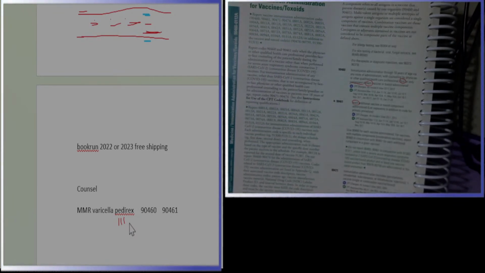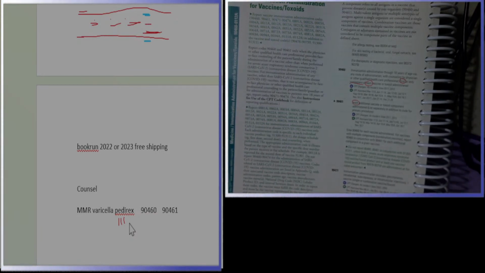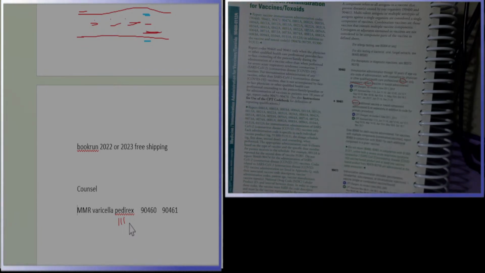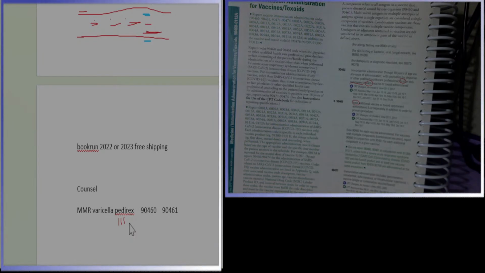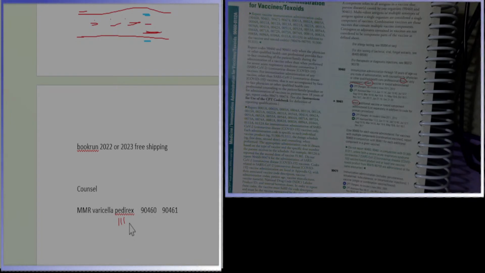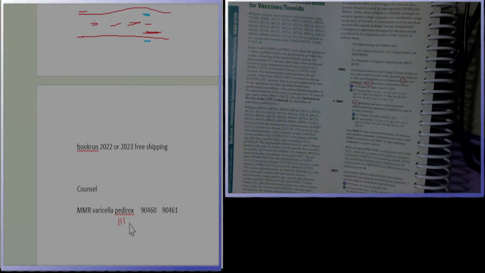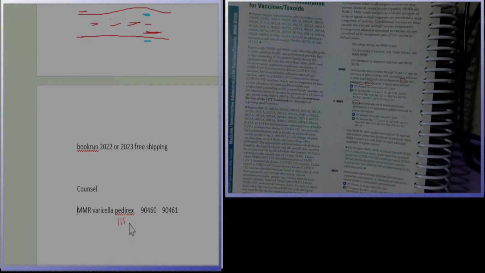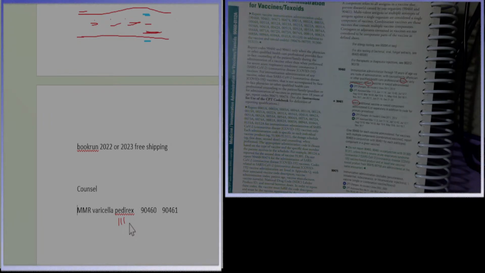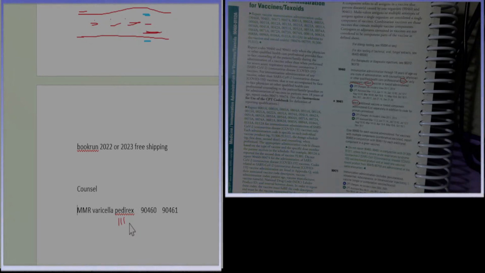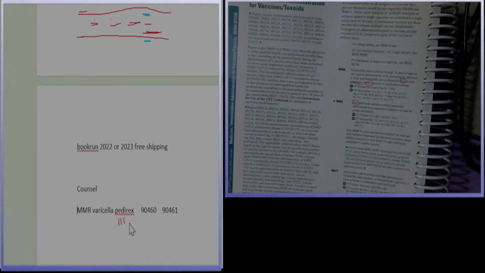Oh, Lordy. ProQuad, Pneumovax, Pediarex 1.5. It's got this, is it 715, something like that?